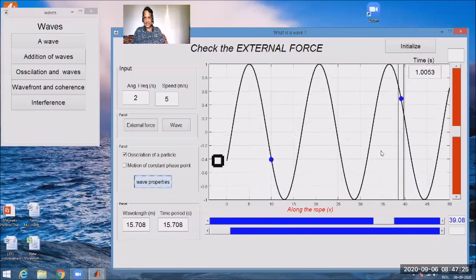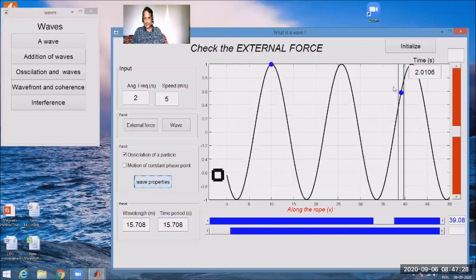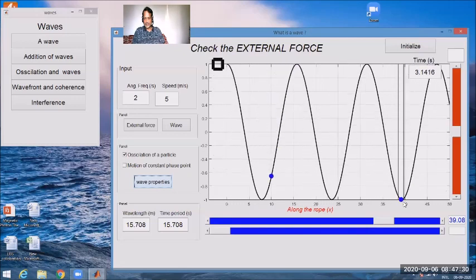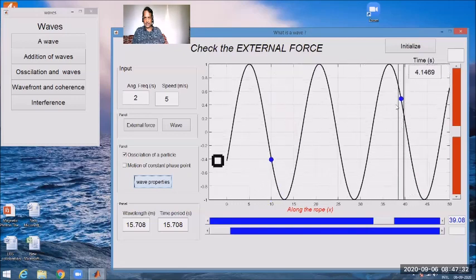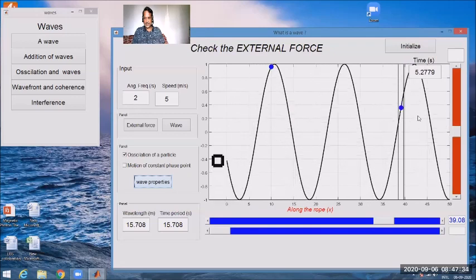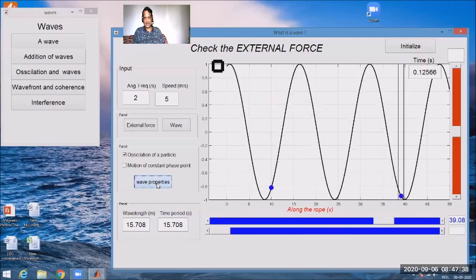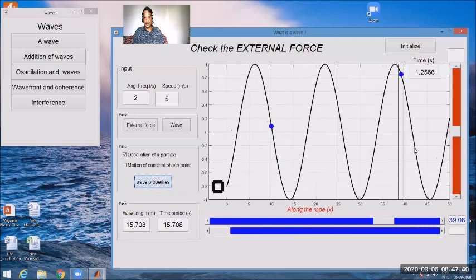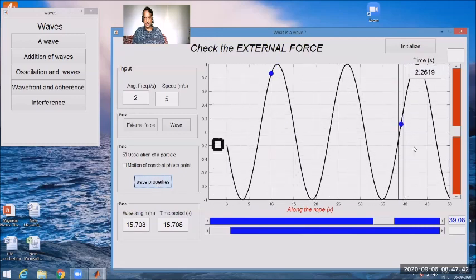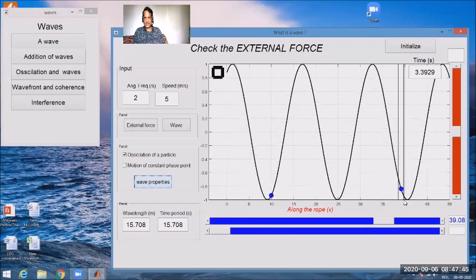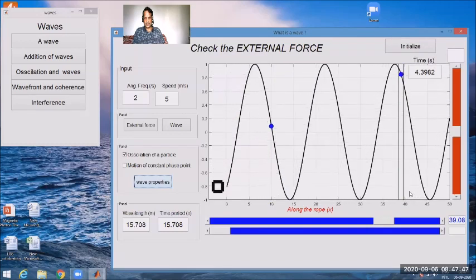So we can see the wave is moving ahead, but the point somewhere at x equal to 40 is going up and down. But it just experiences up and down motion. Let us see it again. The wave is propagating in the positive x direction and the particle is moving up and down.